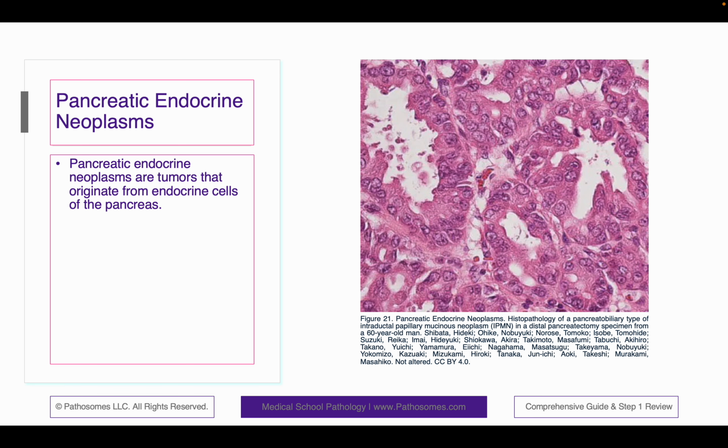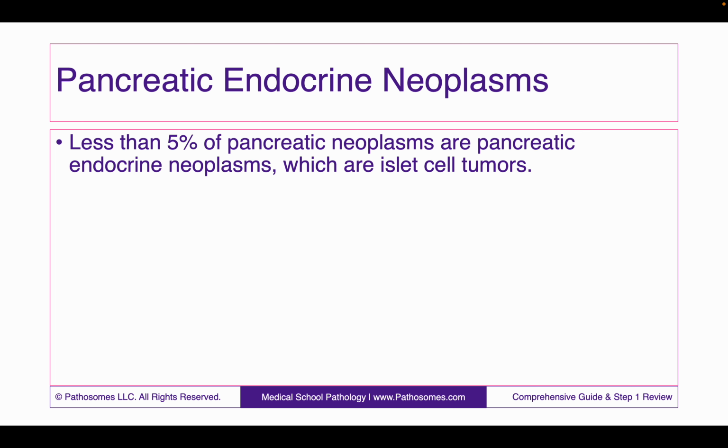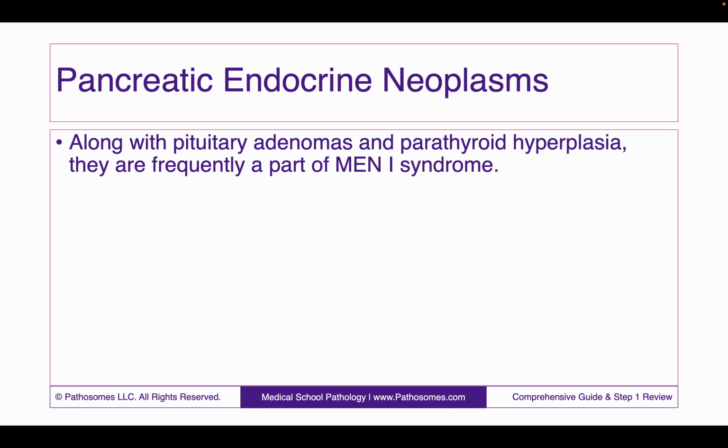Less than 5% of pancreatic neoplasms are pancreatic endocrine neoplasms, which are islet cell tumors. Along with pituitary adenomas and parathyroid hyperplasia, they are frequently a part of MEN1 syndrome.